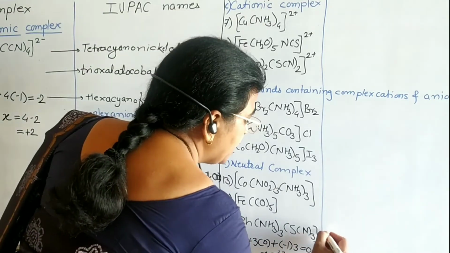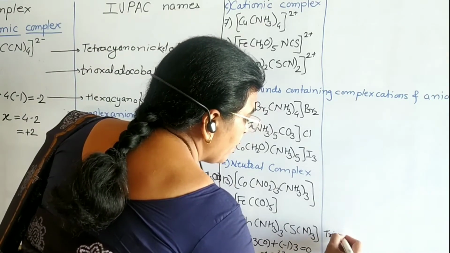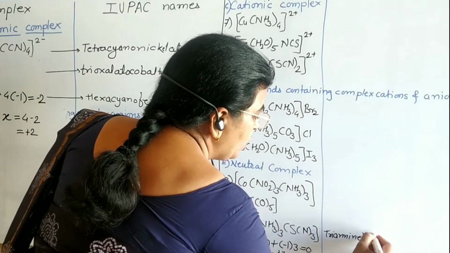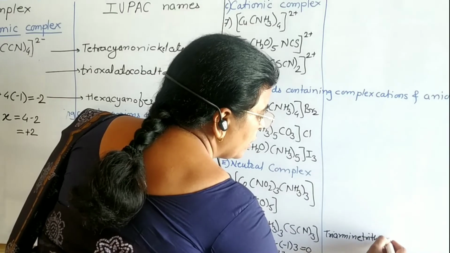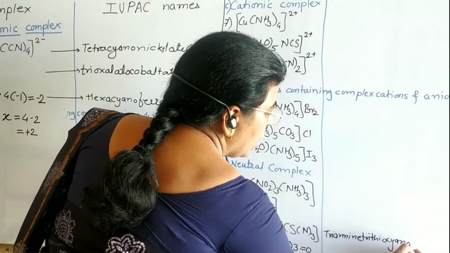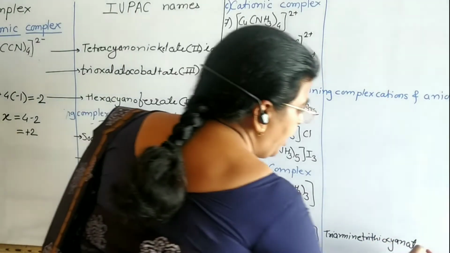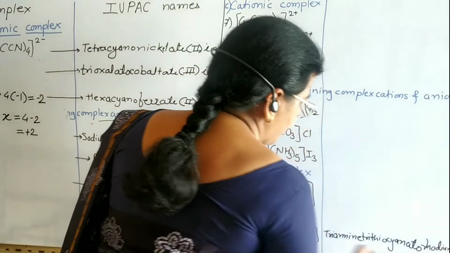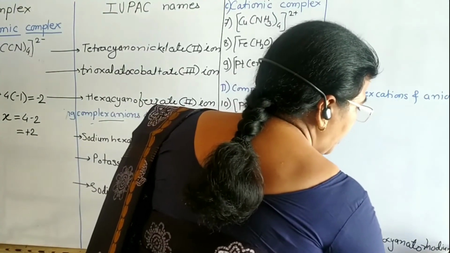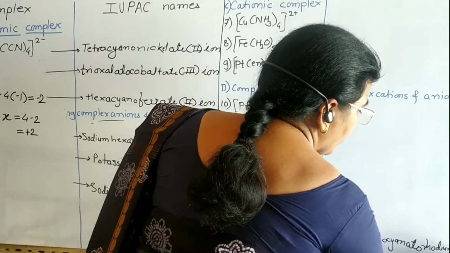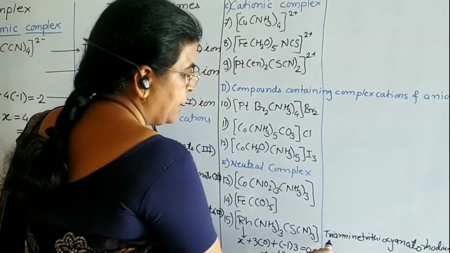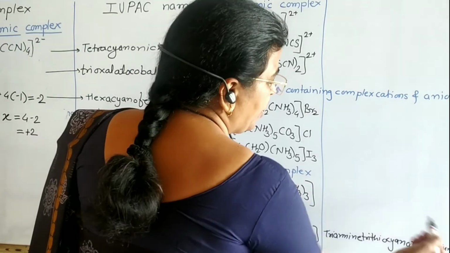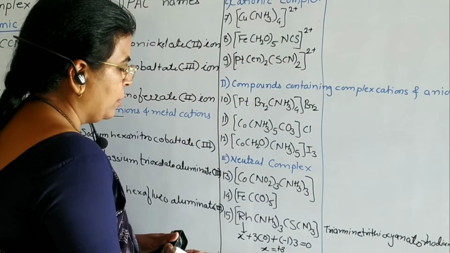Therefore we write triammine, thiocyanato, then rhodium, then the oxidation state of rhodium is plus 3. That is triamminetrithiocyanatorhodium(III). This is the name of this complex.